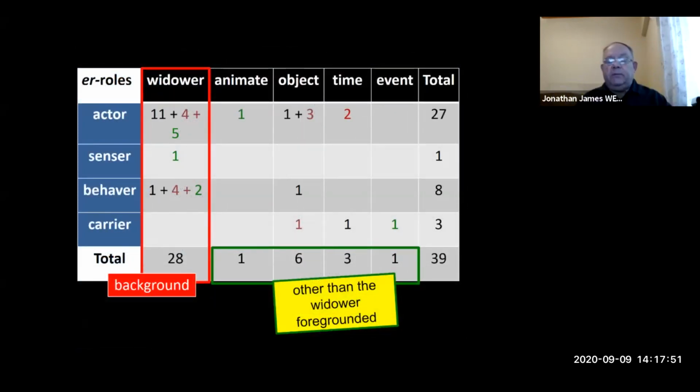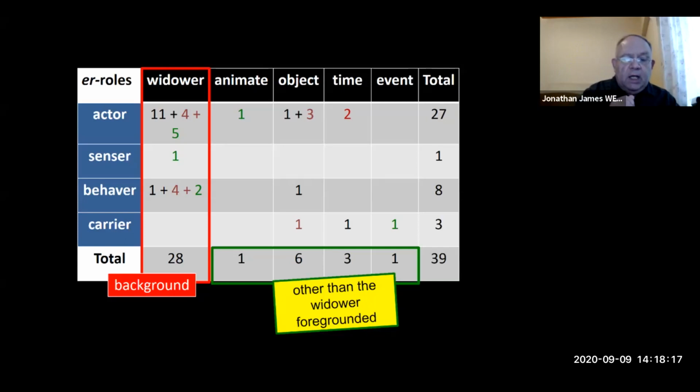Let's add these up, quantify it a bit. If I ask who is the doer among these participants, the pattern that we see emerging throughout the poem is the widower as the actor, the senser, the behaver, and so forth.